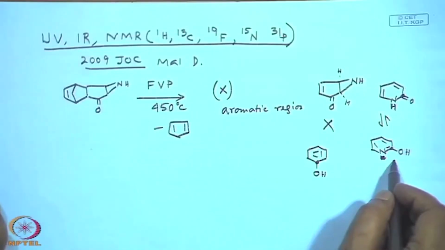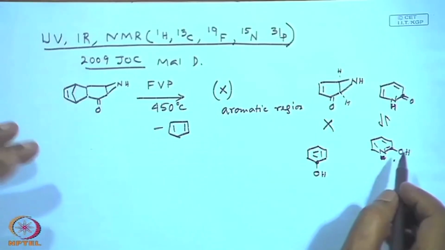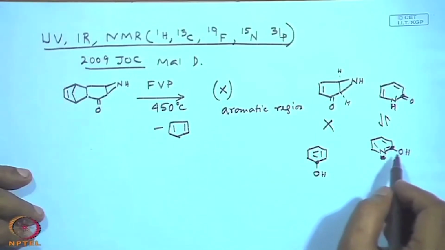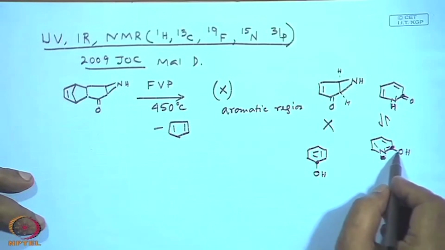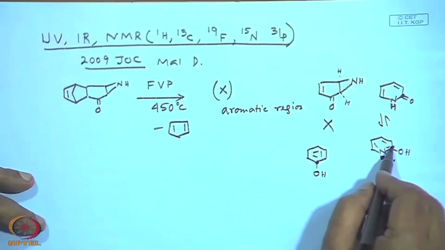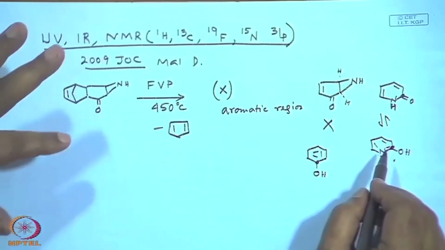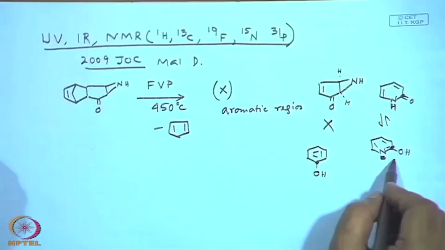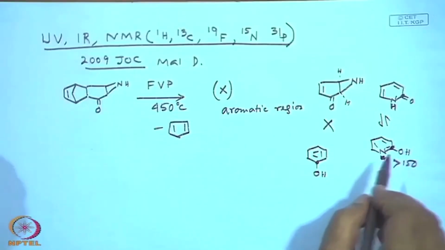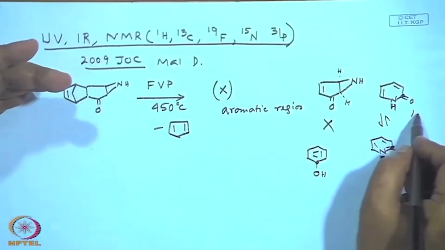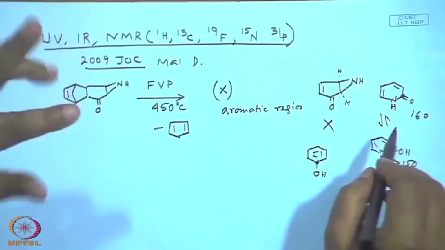In case of pyridine, let us say 2-hydroxypyridine, what should be the estimated carbon-13 chemical shift of the carbon having this OH group? It is benzene 128, another 30, then you have an electron-withdrawing nitrogen, so it could definitely be greater than 150, that is for sure. So, it is very difficult to distinguish. I do not exactly remember the values, but it is complex.